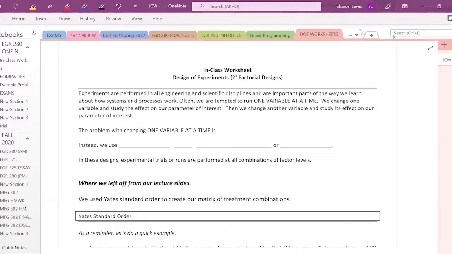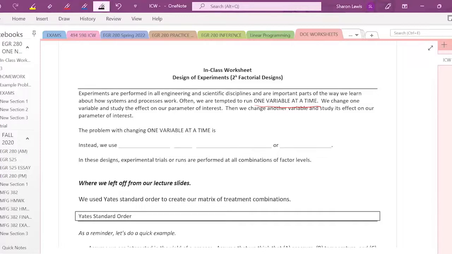systems and processes work. So as we talked about when we looked at the lecture slides, we are often very tempted to do one variable at a time. We change one variable, study the effect on the parameter of interest, then we change another variable and study its effect.